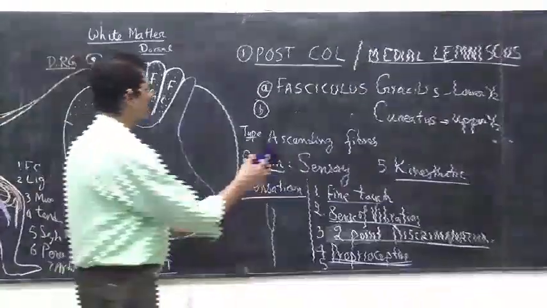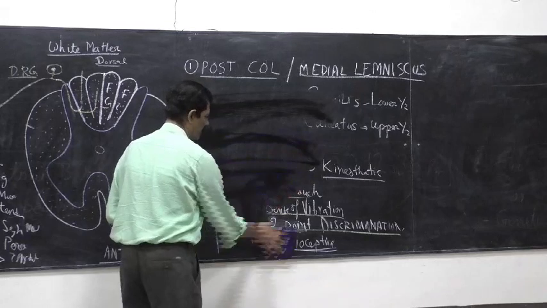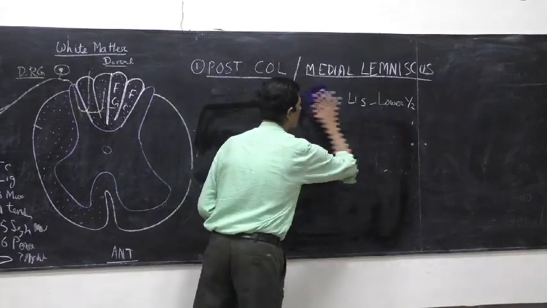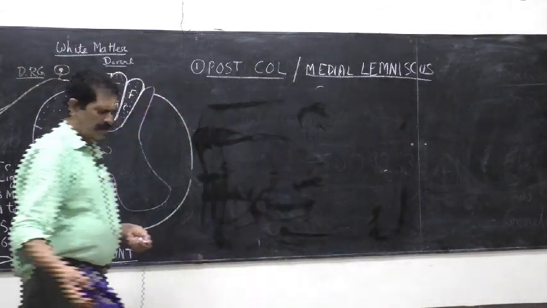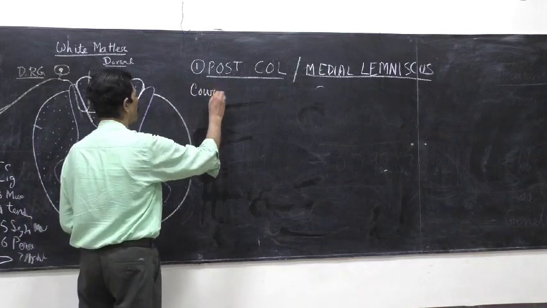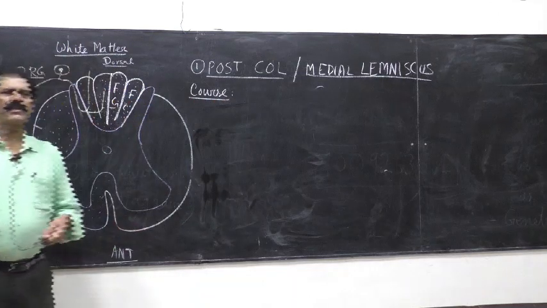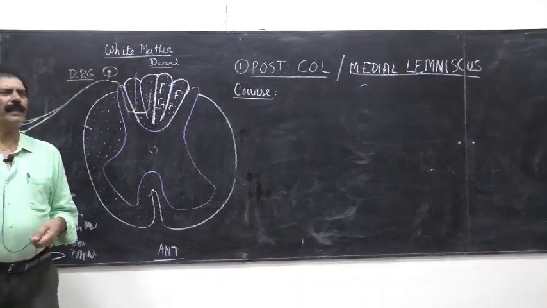And what is that? That is the course. So you have to make the headings, the course of the things. Now every type of sensation from the skin or anywhere in the body has to reach the brain.